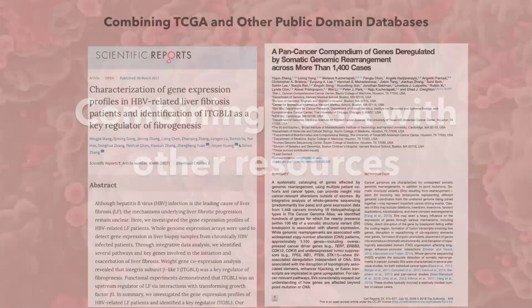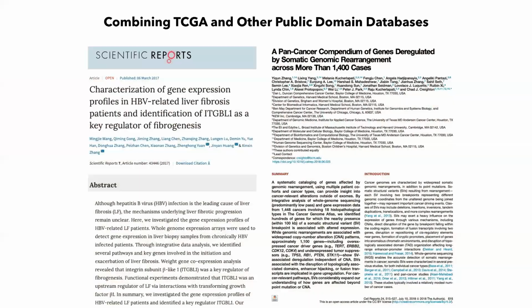Well, here we have, kind of building up on the same idea, characterization of gene expression profiles in HBV, that's hepatitis B virus, related liver fibrosis patients, and identification of ITGB1 as a key regulator in fibrogenesis. And then here you have another example, a pan-cancer compendium of genes regulated by somatic genomic rearrangements across more than 1,400 cases.